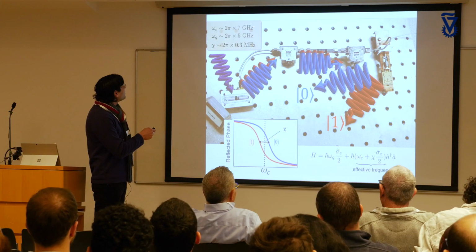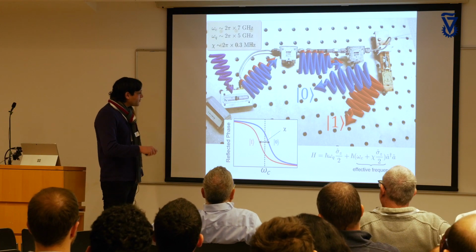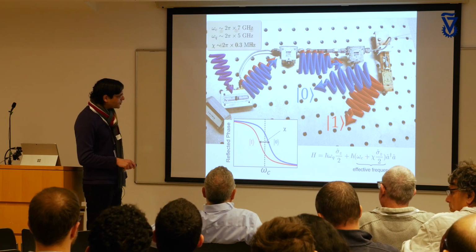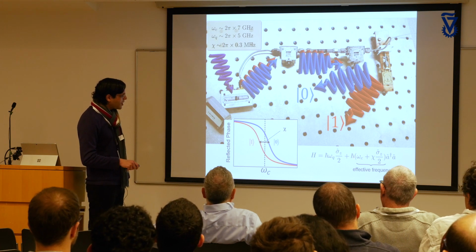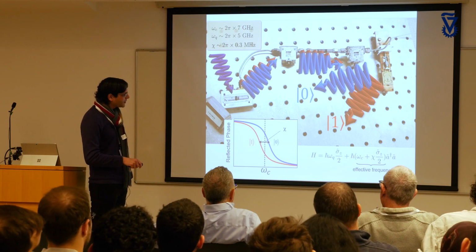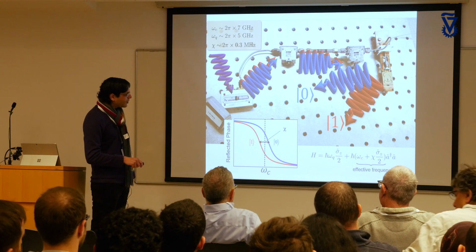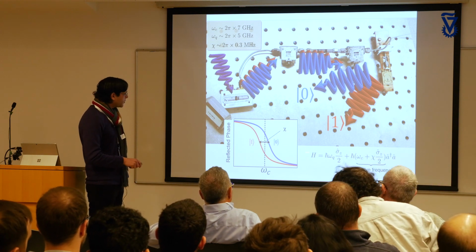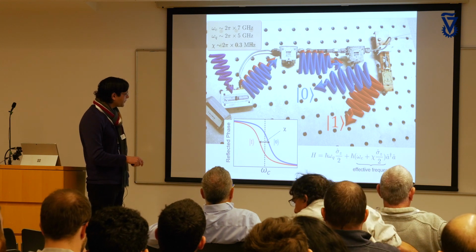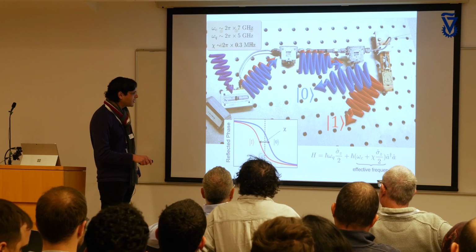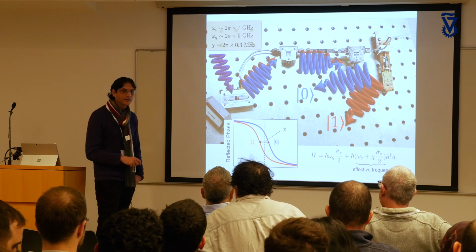If we send in microwaves on resonance with the cavity frequency, note that due to the interaction, we can think of our Hamiltonian as, this is the Hamiltonian for the qubit, and this is the part for the harmonic oscillator. So we have a harmonic oscillator whose frequency depends on the state of the qubit. So we have 2 resonance frequencies: if the qubit is in the ground state, this is the resonance frequency; if it's in the excited state, this is the resonance frequency.